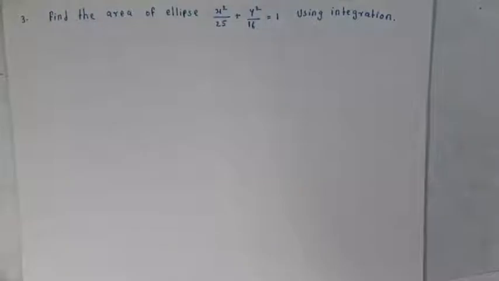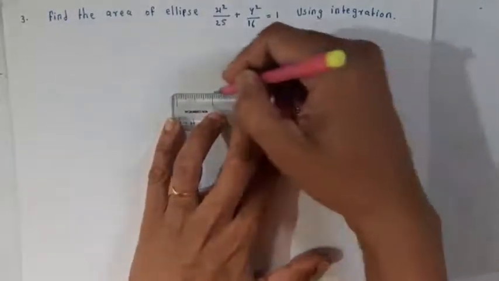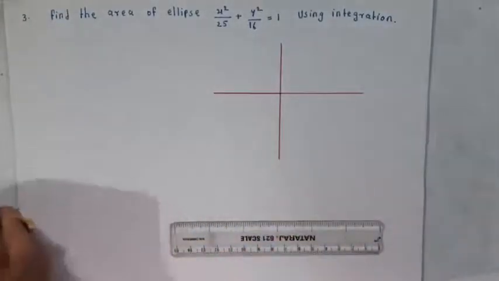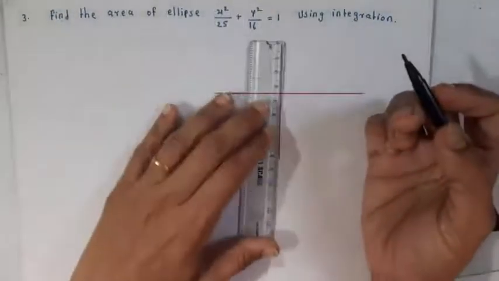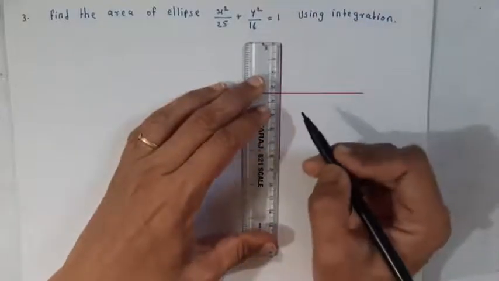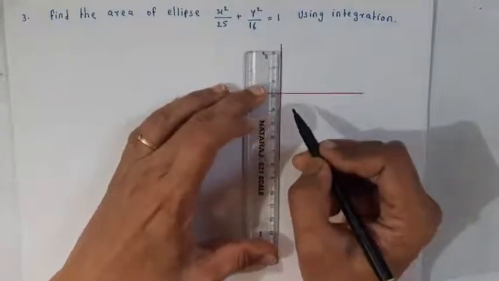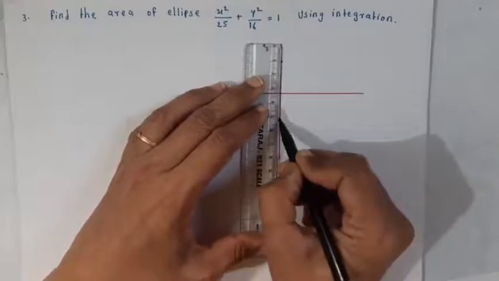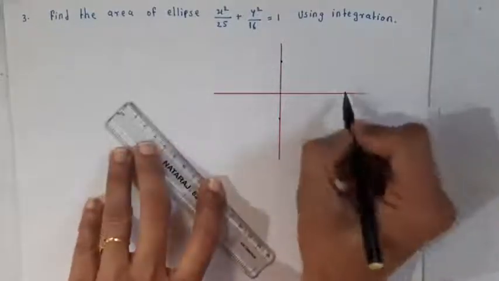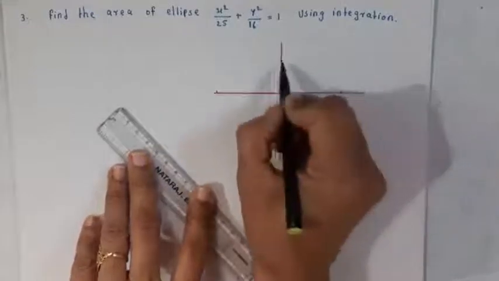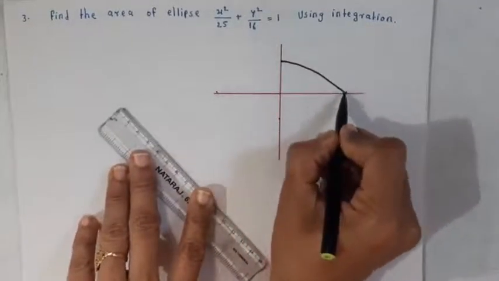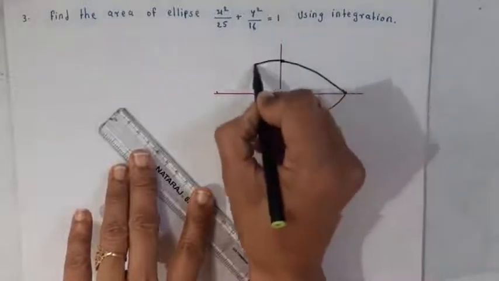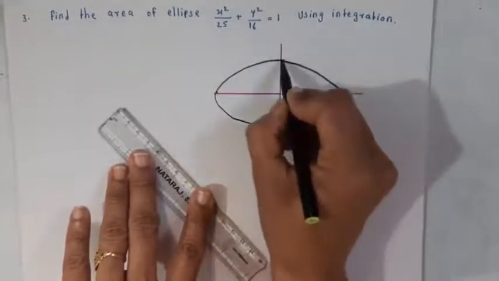Okay students, so first let us draw the ellipse. Suppose this is x axis, this is y axis, and suppose this is the ellipse.